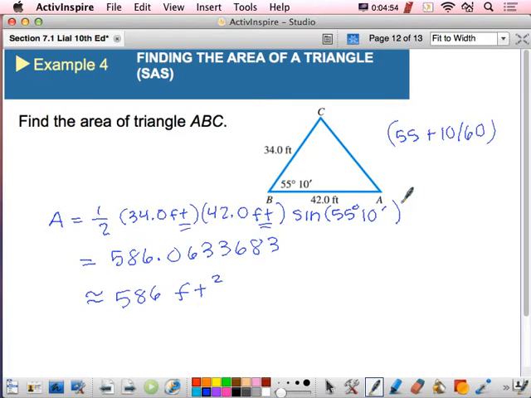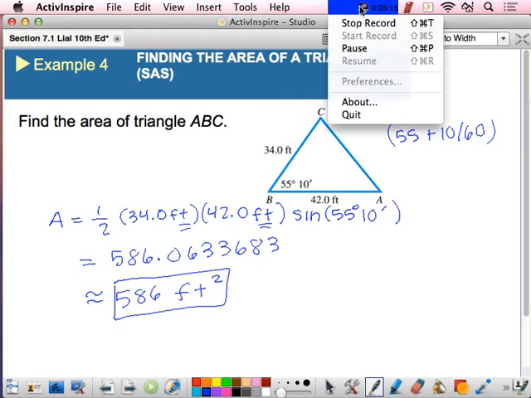What is a trig function? A trig function is a ratio of side lengths, right? So it's two sides stacked over the top of each other. So if you stack two sides over each other, what happens to their feet? They cancel. So there are no units on that. Okay. We only have one more.